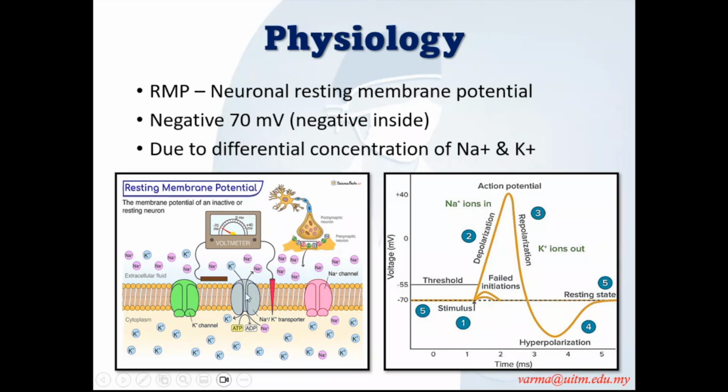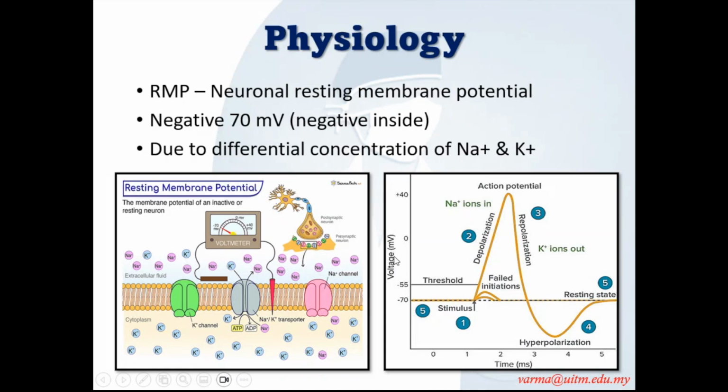So what I want to tell you here is, because of the abundance of potassium inside, and the differences between the ionic charges across the axonal membrane, the resting membrane potential is around negative 70. Okay, if you look at this graph, this is your action potential graph, voltage versus time, that minus 70 is the resting membrane potential of your axonal membrane, your peripheral nerve.